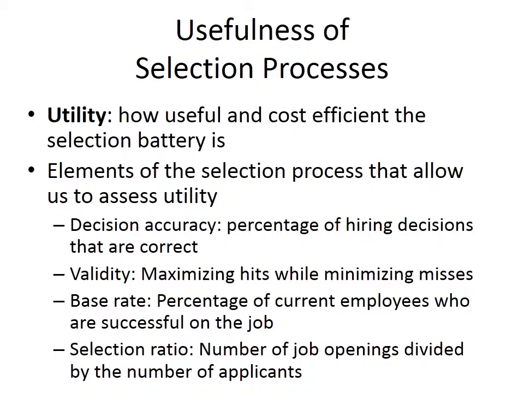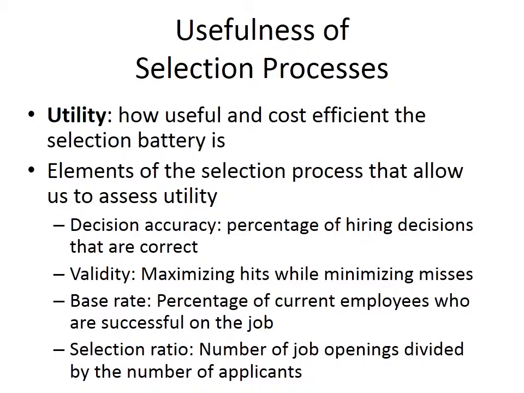And in order to do a utility analysis, what we need to know is basically what is the percentage of hiring decisions that are correct. So if you hire 100 people, how many of those people actually end up performing at the level you expect? That's our decision accuracy. We want to know the validity, so basically the coefficients of our prediction batteries, whether it is a multiple cutoff approach, a multiple regression, or a multiple hurdle.